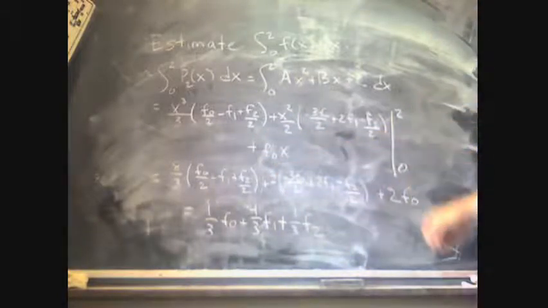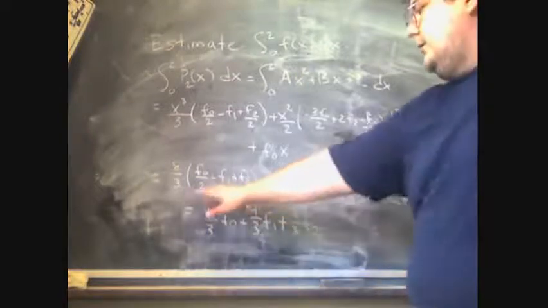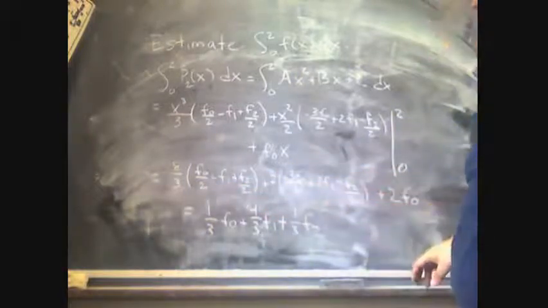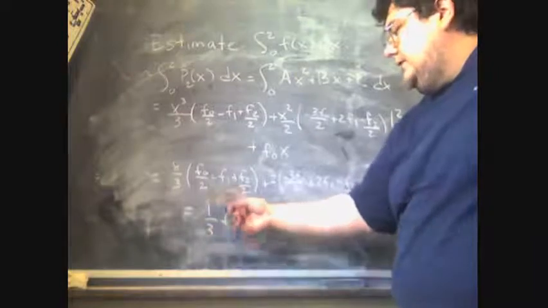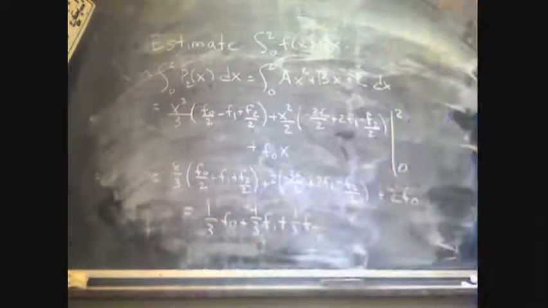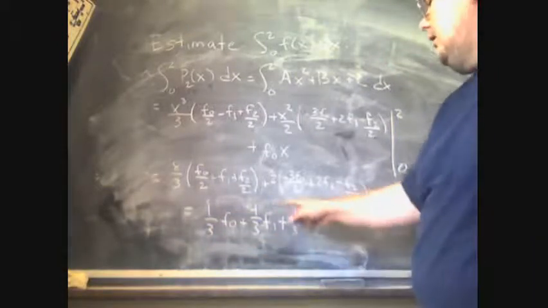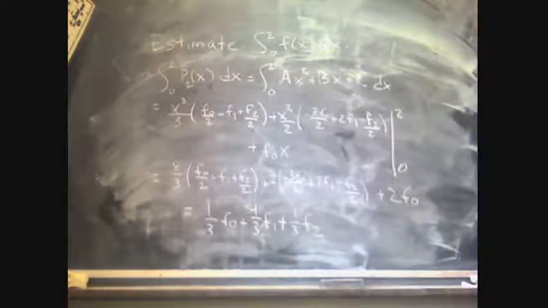We evaluate between our bounds. We clean up our terms a little more nicely down here, and down here is where we get our answer. We get 1/3 times our evaluation at 0, plus 4/3 times our evaluation at 1, plus 1/3 times our evaluation at 2. And this should not be a surprise, because this is the exact same estimate you would get using Simpson's method.